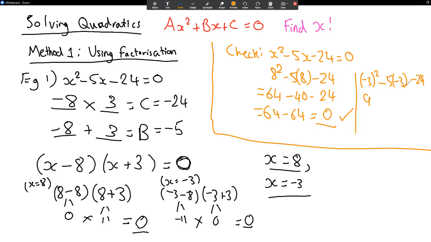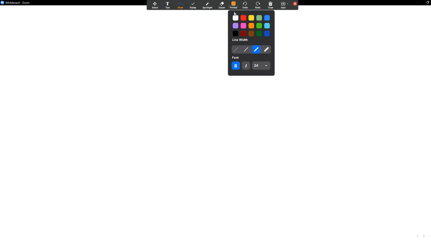And minus 5 times minus 3 is plus 15, minus 24. Again, we get 24 minus 24, which is 0. So we know that both of those are correct answers using that check. Okay, so that's method 1. Method 2 is the quadratic formula.